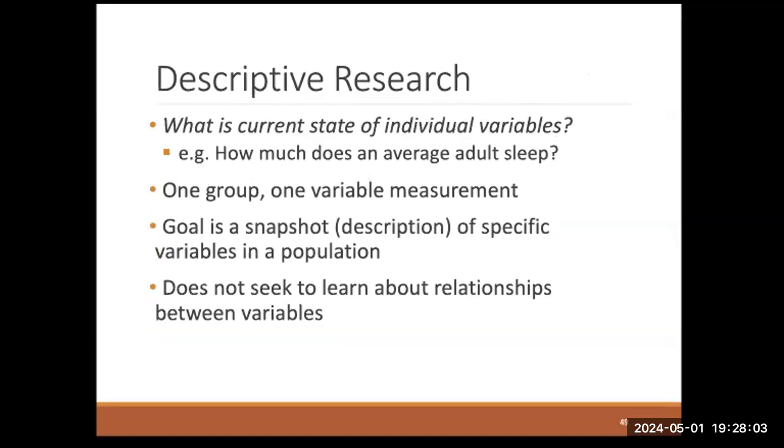So for example, how much does an average adult sleep? With descriptive research, we're usually just looking at one group. We're only looking at one variable measurement, and the goal is just a snapshot description of what's happening in a population. In descriptive research, we are not looking at if there's a relationship between variables. We're just describing variables that exist in one group.